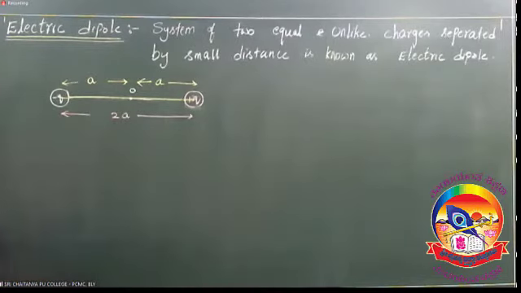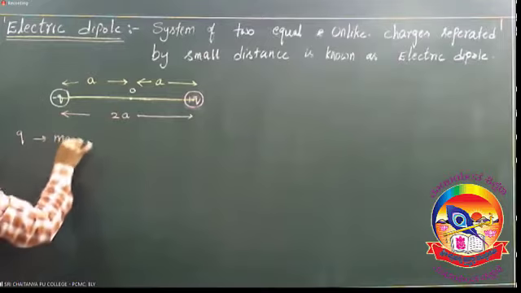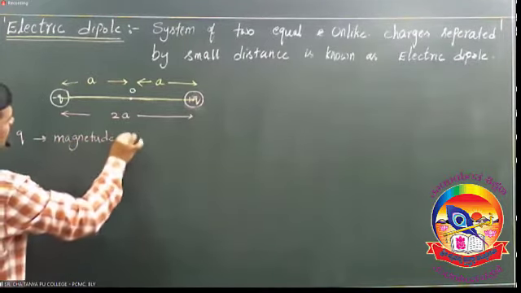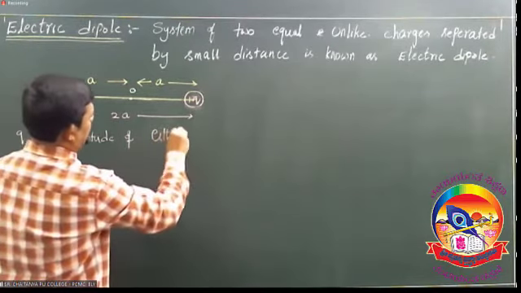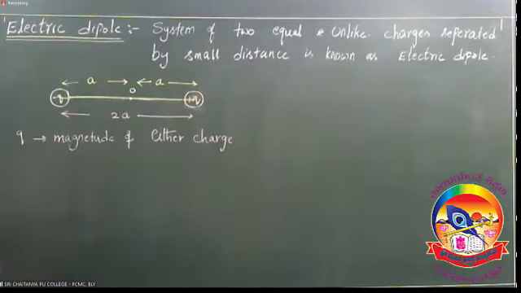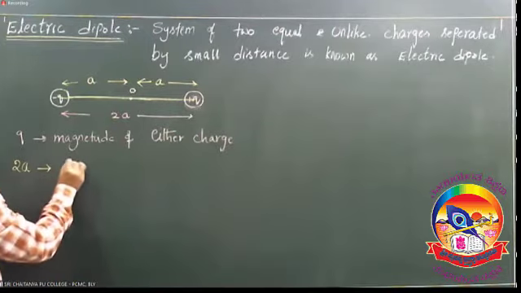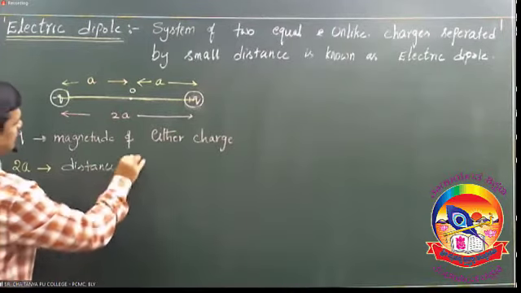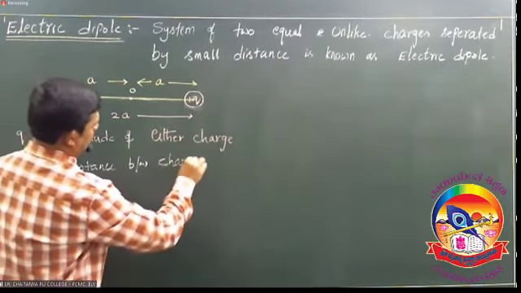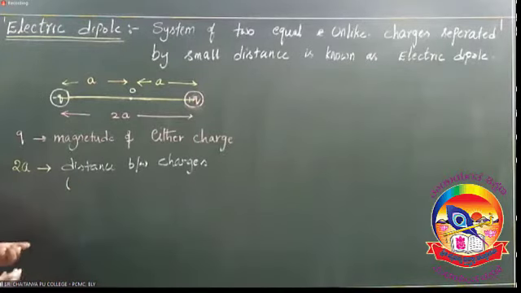Then in these, Q is the magnitude of either charge, any one of the charges, and 2a, the distance between the charges, is called the length of the dipole or dipole length.